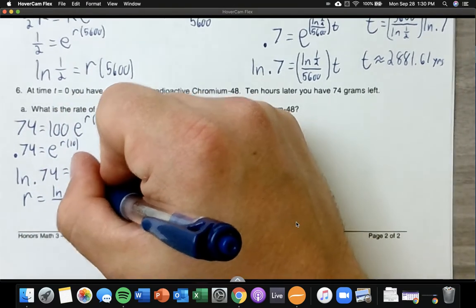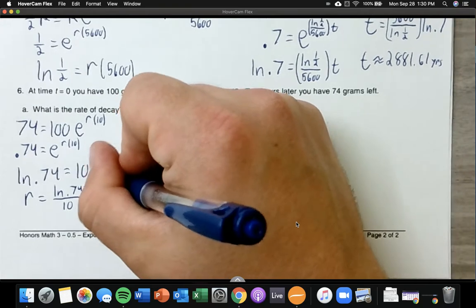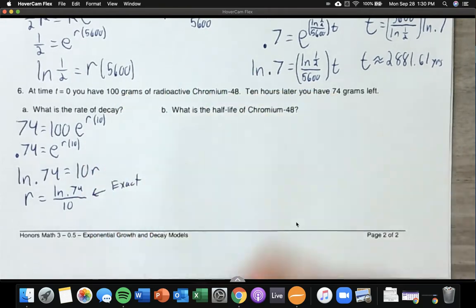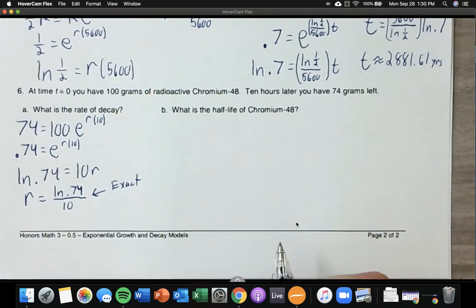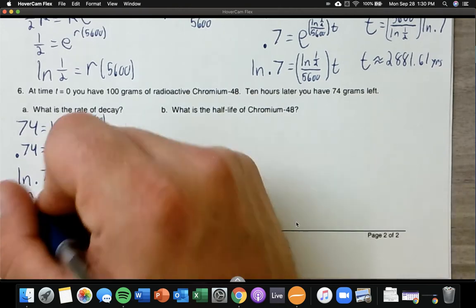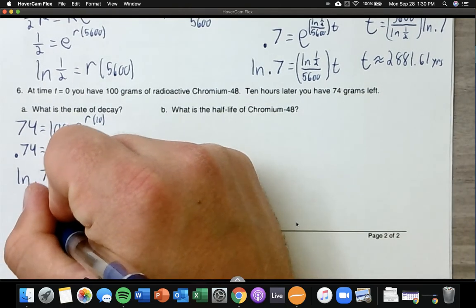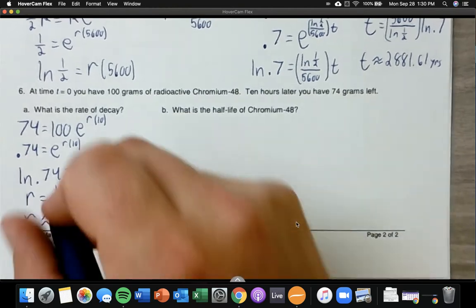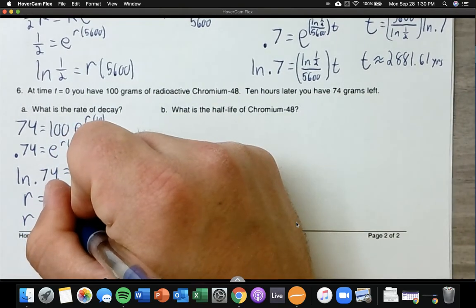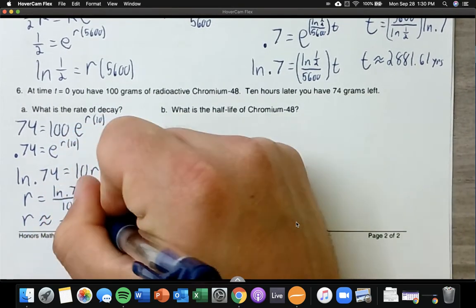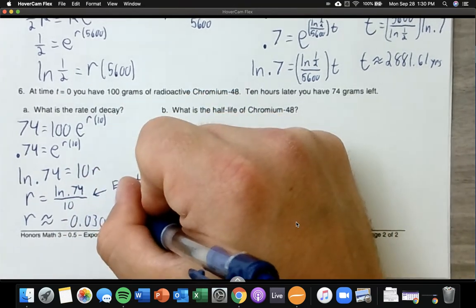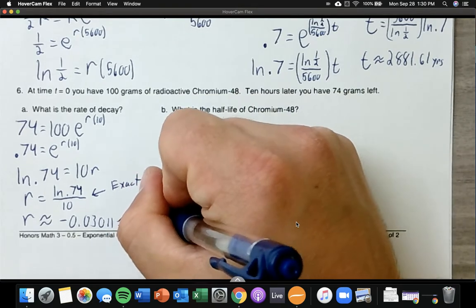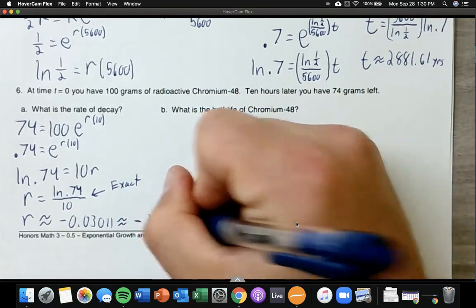We want to keep this because this is what gives us our exact answer. This is what we would plug into the second equation we're going to use. But if we wanted to round it a little bit, we can say that the rate is negative 0.03011, which if we wanted to write that as a percentage, would be negative 3.011%.